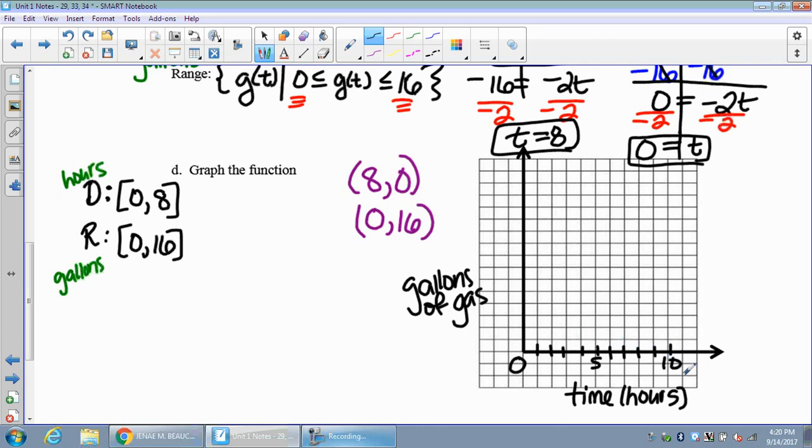And then for my range, I have to get to 16. Here's my range. Let's see. 1, 2, 3, 4, 5. Let's see how many tick marks we have. 1, 2, 3, 4, 5, 6, 7, 8, 9, 10, 11, 12, 13, 14, 15, 16. Ooh, look. Let's count by ones. Okay, this top mark is going to be 16.